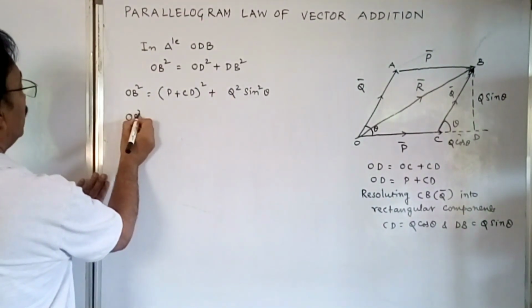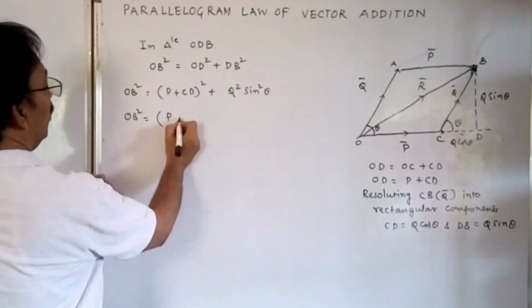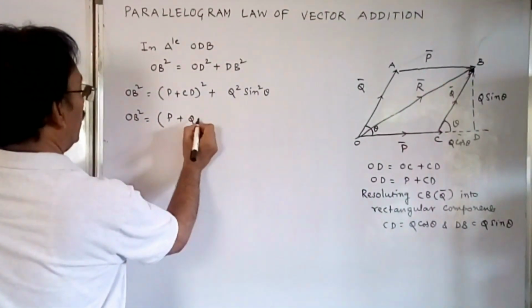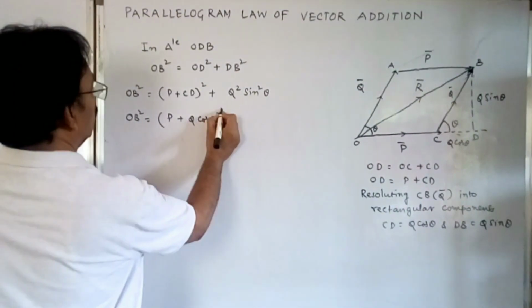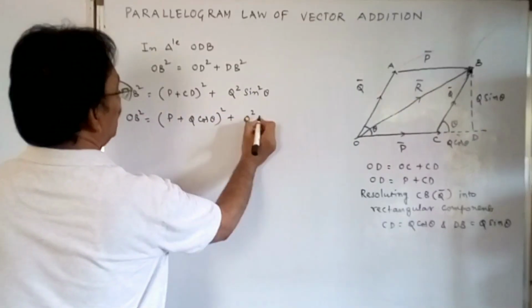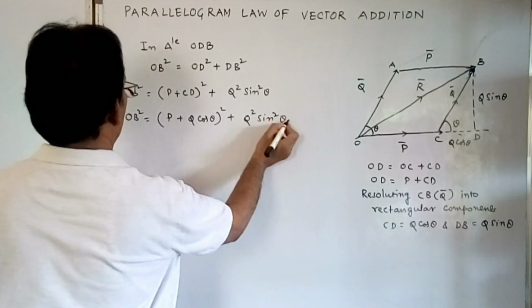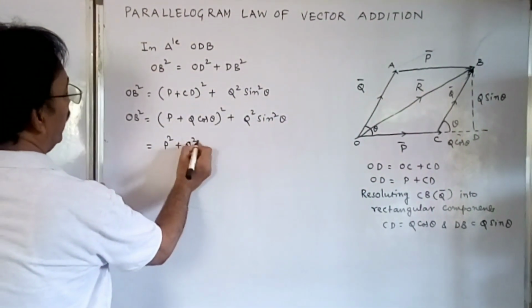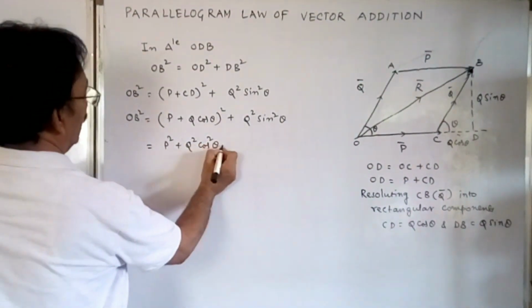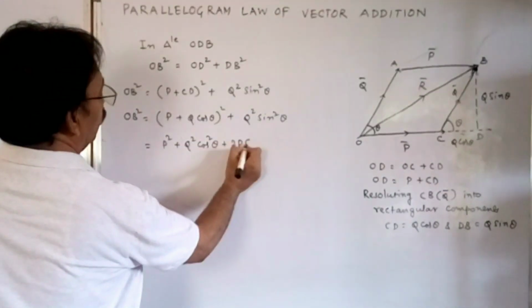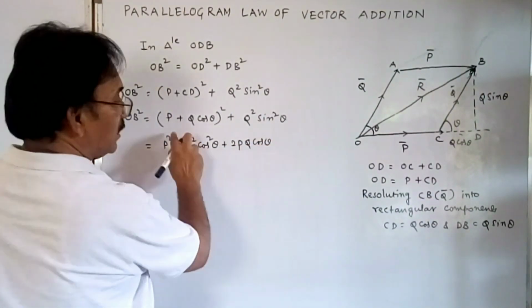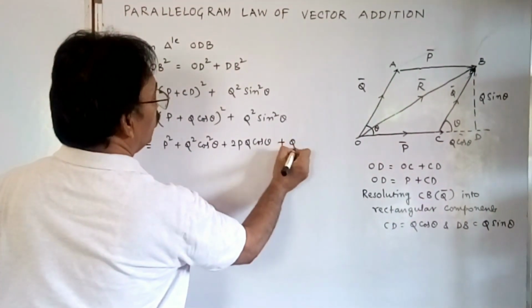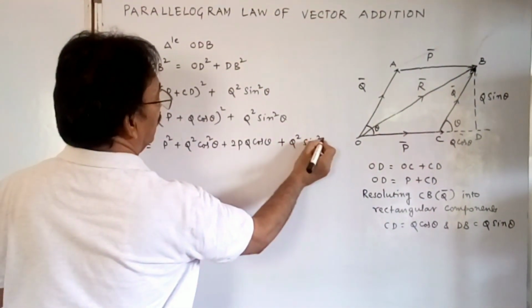By putting all the values here, it is P plus CD. We got CD as Q cos theta. Q cos theta whole square plus Q square sin square theta. And it can also be written as P square plus Q square cos square theta plus 2PQ cos theta, because it is in A plus B whole square form, plus Q square sin square theta.